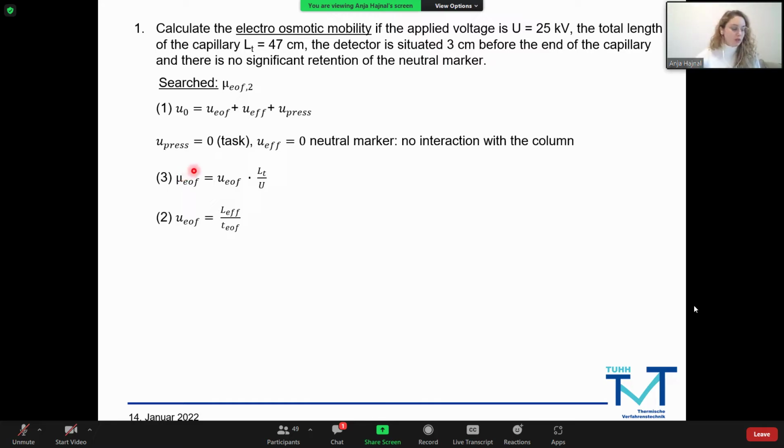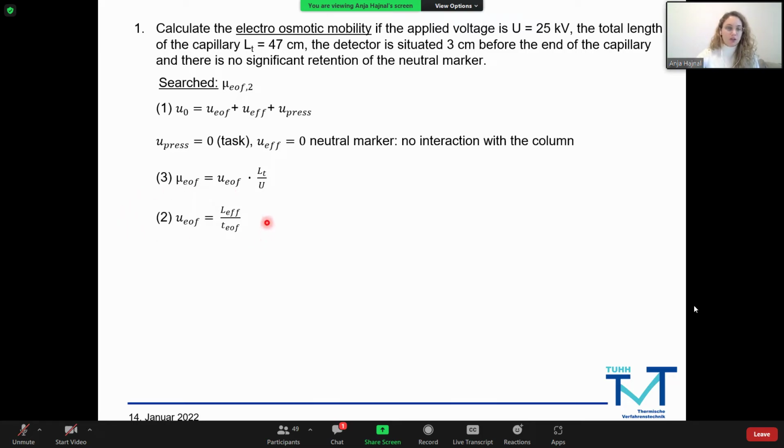Never mind. So here we have electroosmotic mobility, which is equal to the electroosmotic velocity times LT, the total length of the capillary, which is 47 centimeters, and U is the voltage.